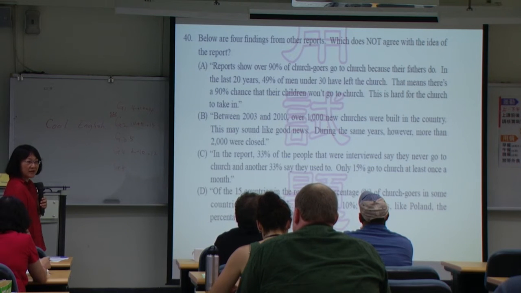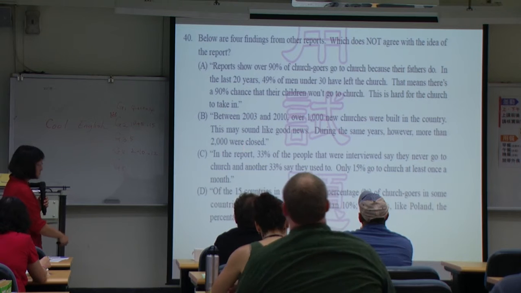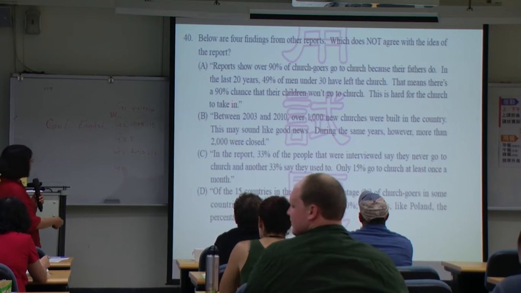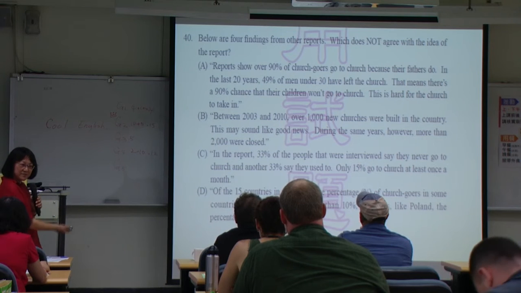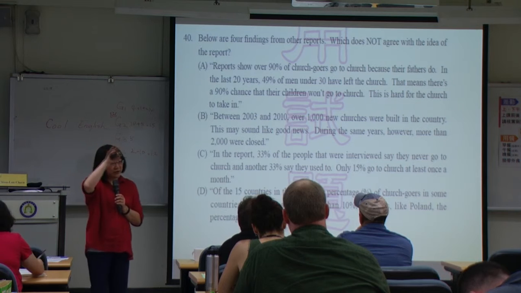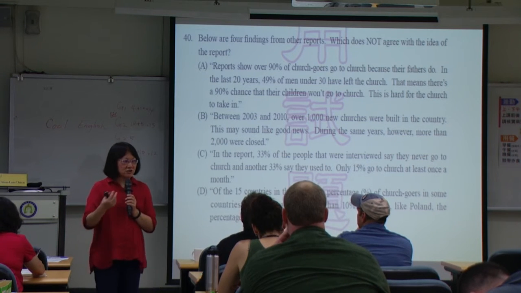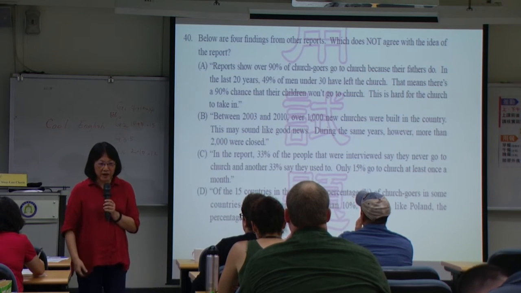The 4 choices are very long, and you have to think which one matches and which one doesn't match the content. We're testing high-level reading proficiency, not just extracting messages from the article. It's really applying what you learn from the article.